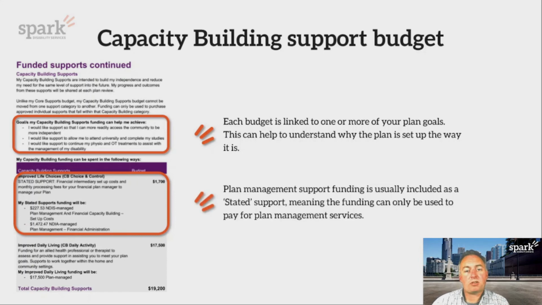Funding for plan management services is generally included in people's plans as a stated support, because the NDIA wants to make sure that that money is used to purchase plan management services.